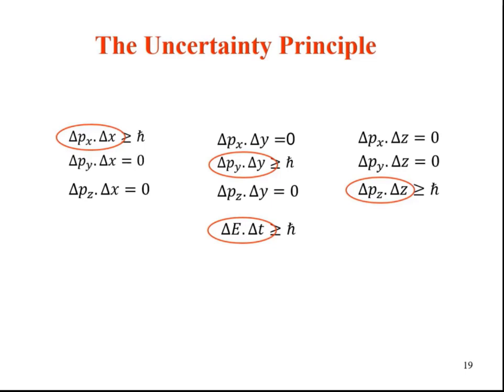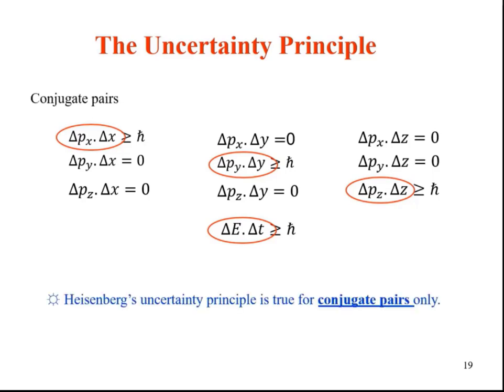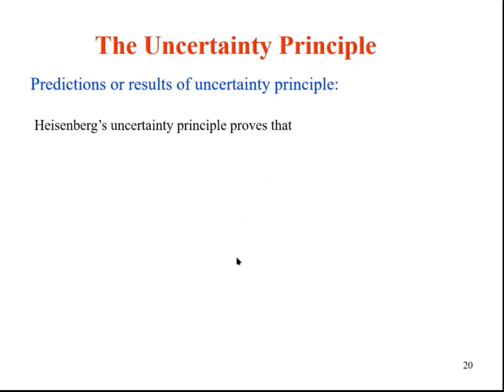So there are only a few pairs for which the uncertainty principle holds. Those pairs are known as conjugate pairs, and these are px and x, py and y, pz and z, and time and energy.